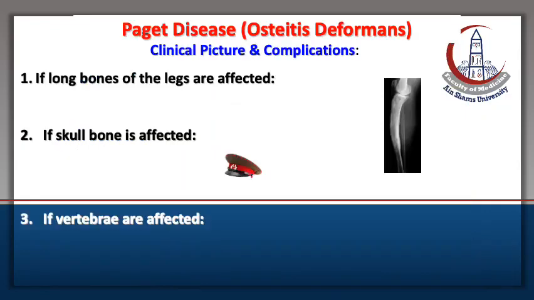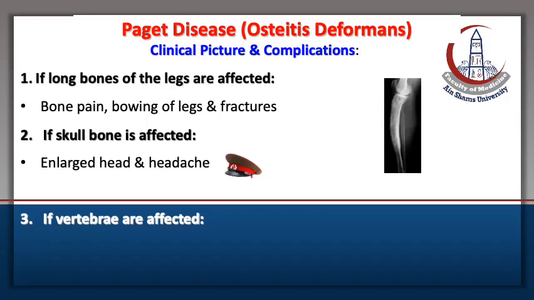The clinical picture of Paget disease: if the long bones of the legs are affected, there will be bone pain, bowing of legs, and multiple fractures. If the skull bone is affected, the patient comes complaining of an enlarged head and headache.